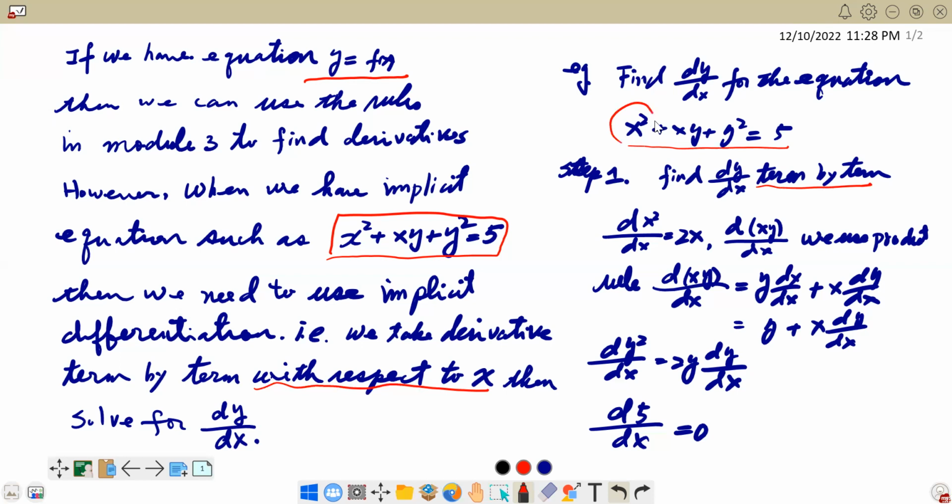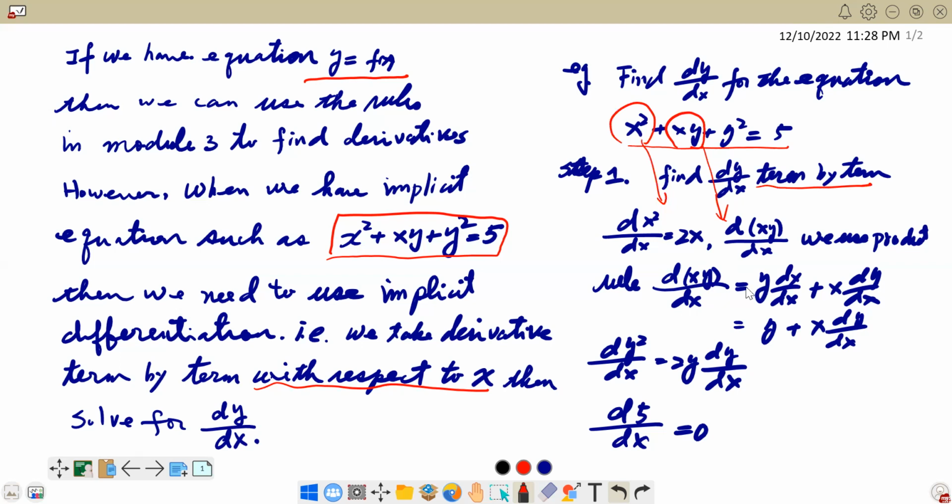So the x squared term, I take the derivative, I get 2x. Now xy, this is a product of two functions, so for xy we need to use the product rule. The derivative of x times y with respect to x is f prime g plus g prime f.